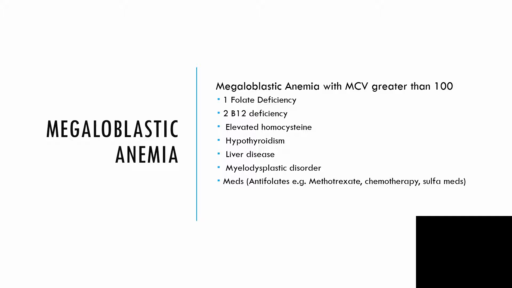It's also possible in elevated homocysteine, hypothyroidism, liver disease, myelodysplastic disorder, and medications like antifolates, for example methotrexate, or even chemotherapy or zidovudine. All these will affect either the level of folate or the level of B12.